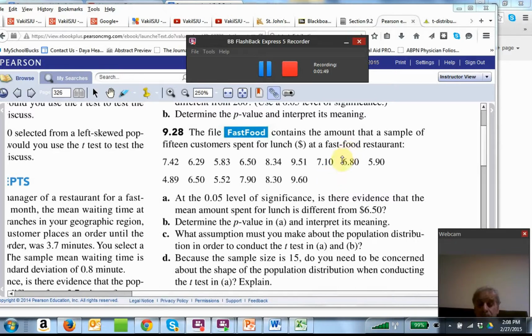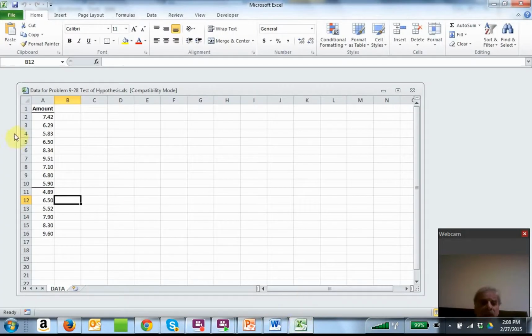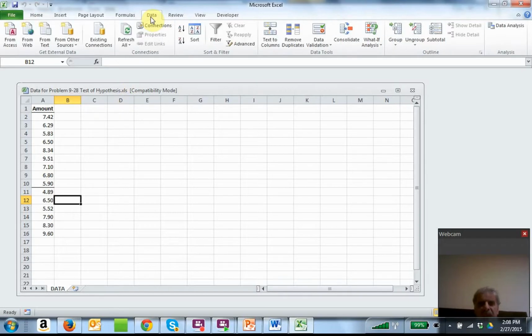To do this, I'll use Excel and do some calculations. I'm going to activate Excel, and I already stored the data in Excel. Let me go to the Data tab and see if the Data Analysis is active.